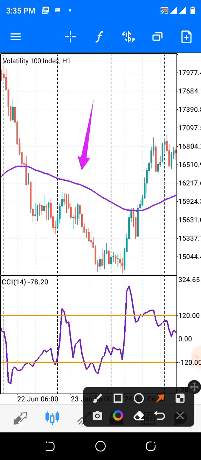If you watch very well, this is where the CCI touches the upper line of it. So you take your sell position here, and this is your gain. Do you understand? Now we move.